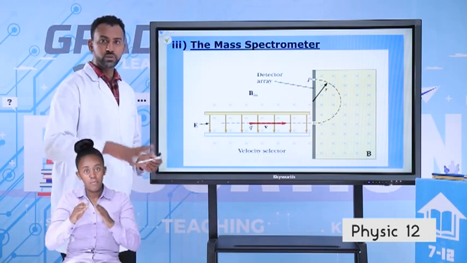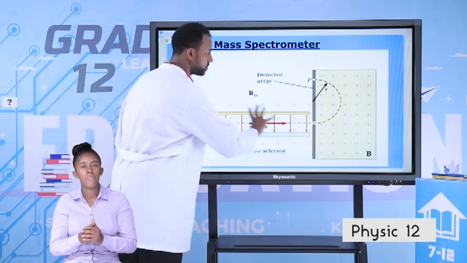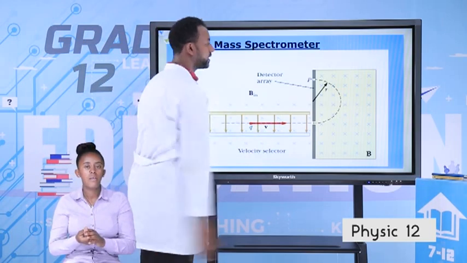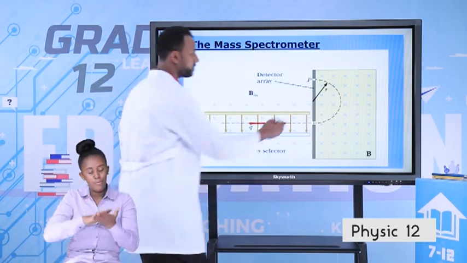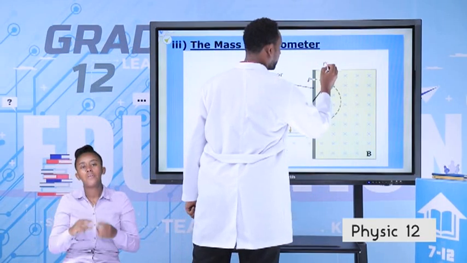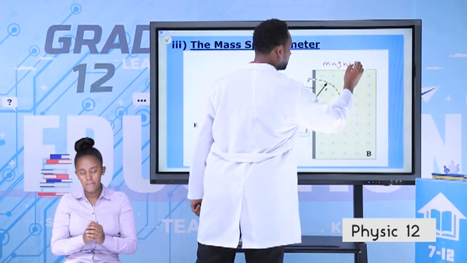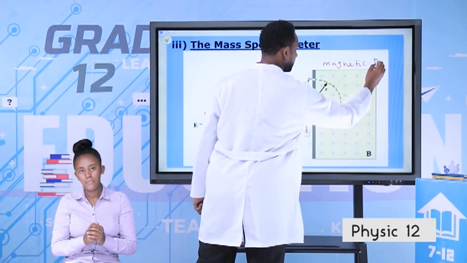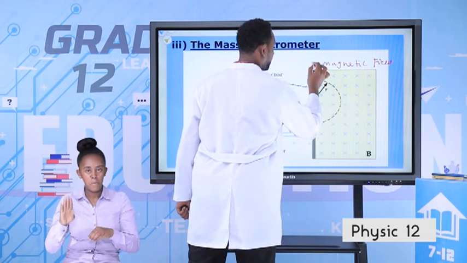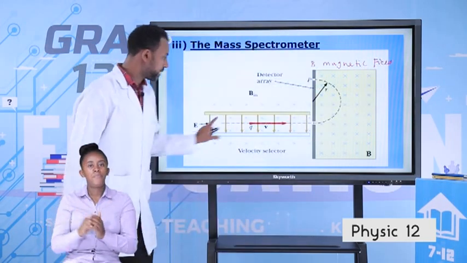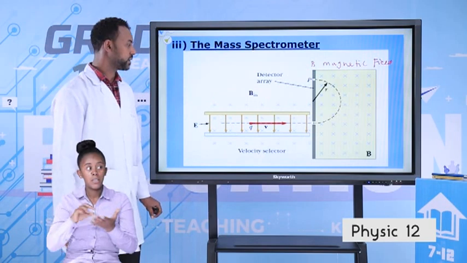And it's possible to recombine a velocity selector and a pure field. Here you have a pure magnetic field B, and here we have a mixed field, which is a velocity selector.